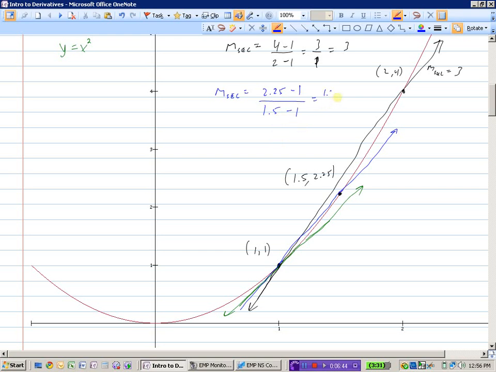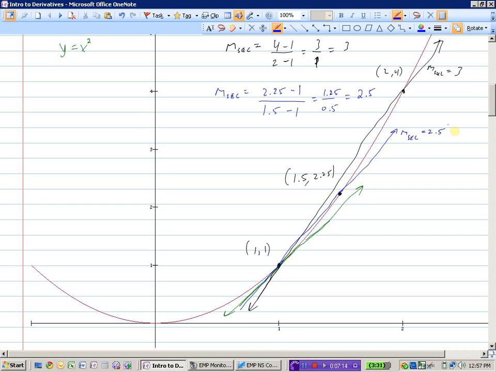So we would get 1.25 divided by 0.5, which is 2.5. So the slope of this line is 2.5. Would that be a better approximation? A little bit closer to what the true slope of the tangent is? Yes? Is it the slope of the tangent? No.